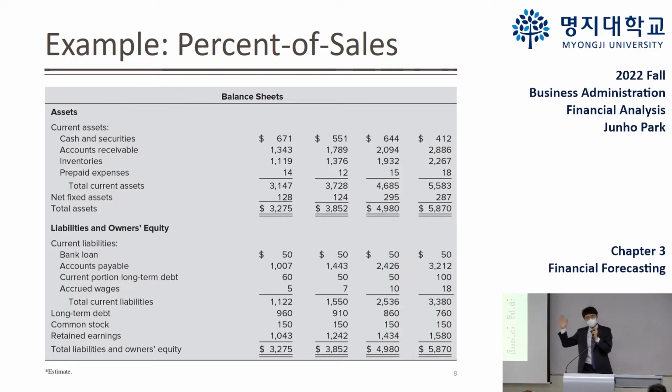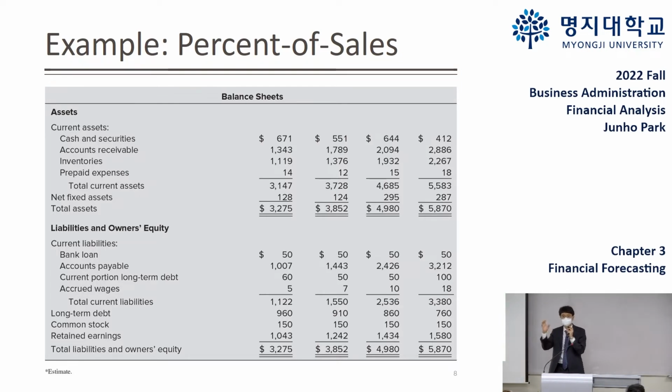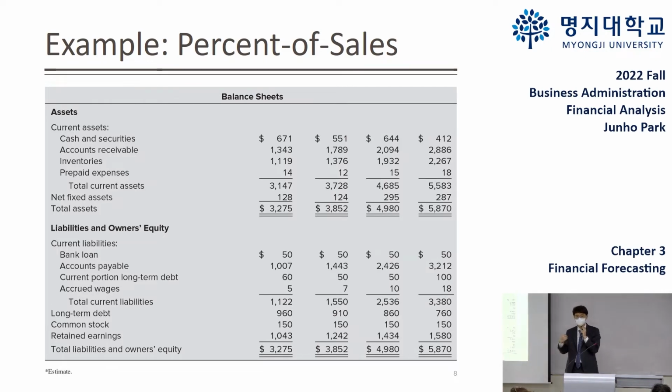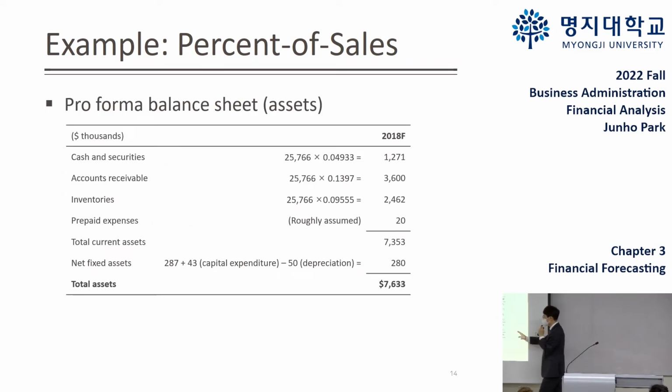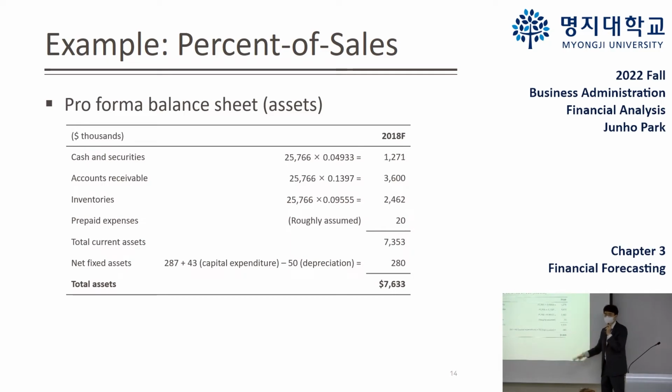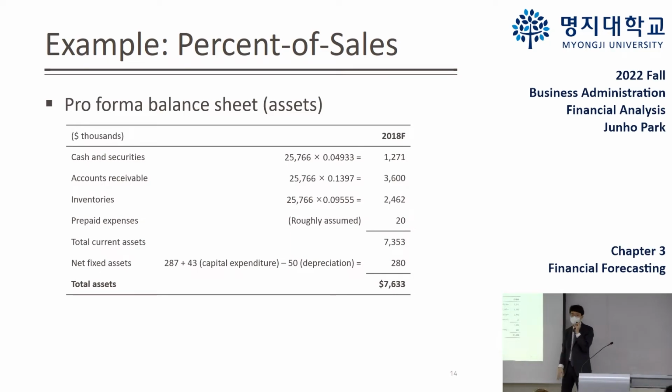And during that year, we are going to purchase additional fixed asset, what we call capital expenditure, and then we are going to deduct some values out of it because we have depreciation. So therefore, by applying capital expenditure and depreciation, we can calculate the fixed asset at the end of this year.